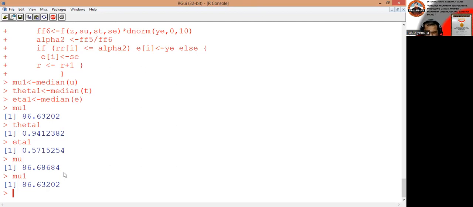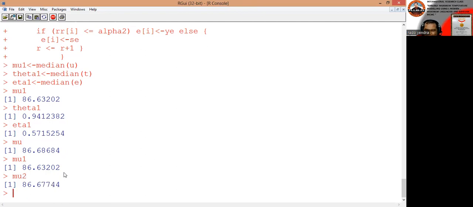When I say MU2, it means the C parameter for the GEV distribution using the L-moments method.